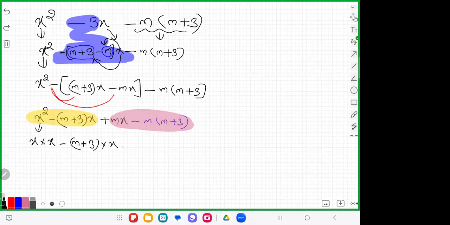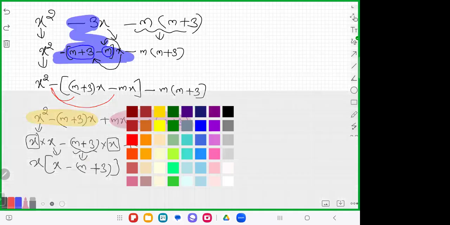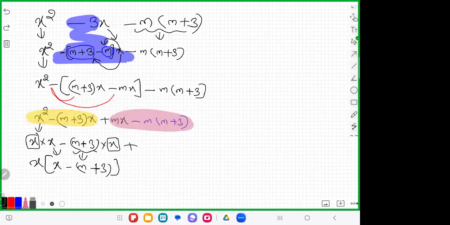So now what is the common? X is common, x here and x here also. If you take x, you will get x minus, and what is remaining here? M plus 3. So this is x into x minus m plus 3, plus, and this part: this mx is actually m into x, minus this is actually m into m plus 3.